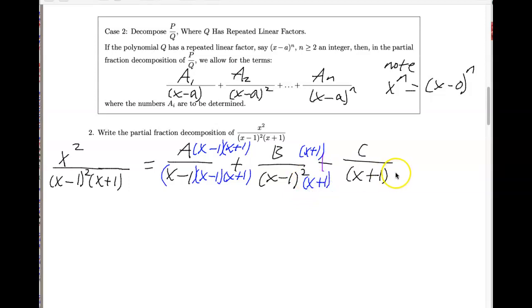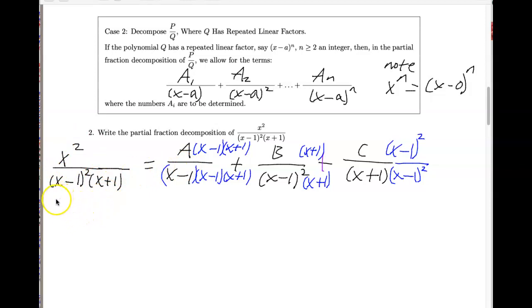And the last term is missing the factor (x minus 1) squared. Now that all the denominators are the same, the denominator is canceled, and I'm going to distribute and clean up on the top and eventually equate my coefficients.